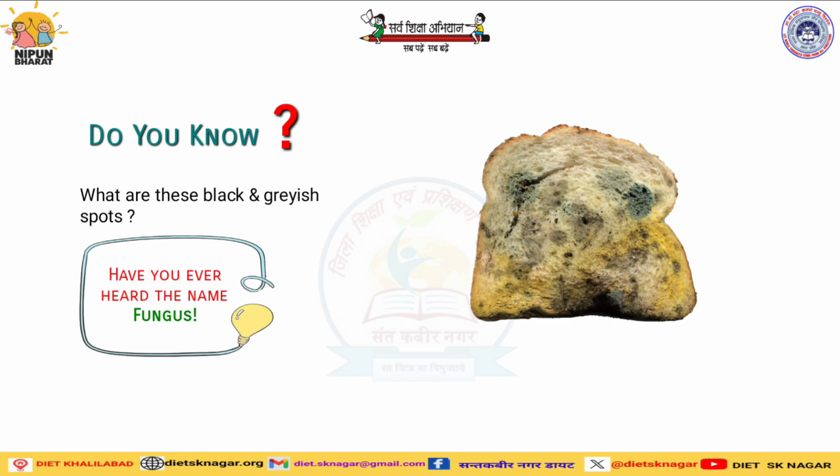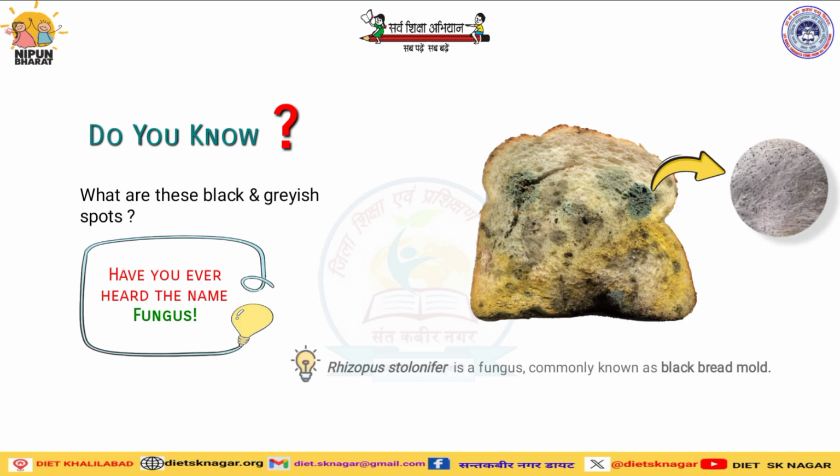Students, it is also caused by a microorganism named Rhizopus stolonifer, which is a fungus and commonly called as black bread mold. Now students, we are very familiar to the term microorganisms. So moving to the next slide.